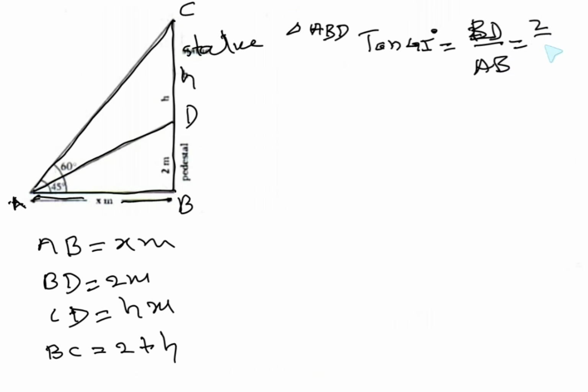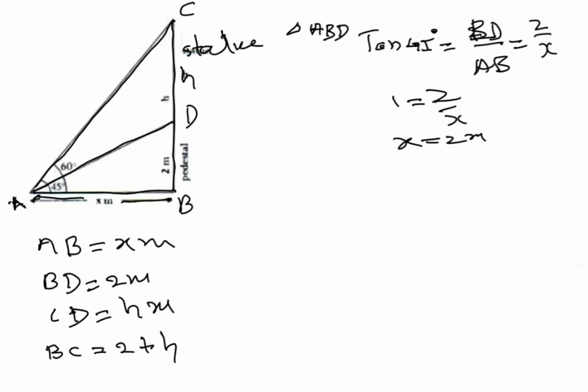BD is equal to 2 meters and AB is x meters. But we know that tan 45 is 1, so 1 equals 2 by x. So x is equal to 2 meters.